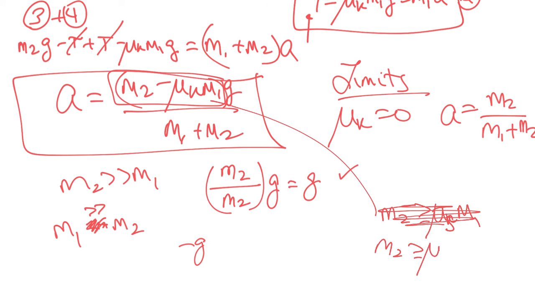M2 has to be greater than mu S M1 in order to start moving, because we're interested in that particular situation to actually get it to move. But you can see mathematically that the mu's take on the same placement. So anyway, that was a half Atwood's machine. Hope that helped.